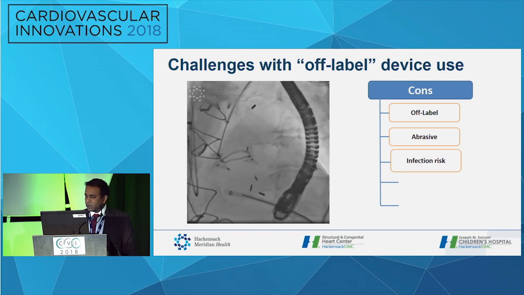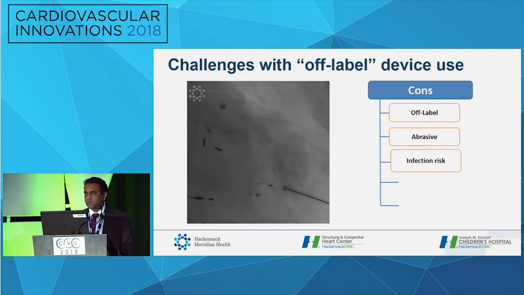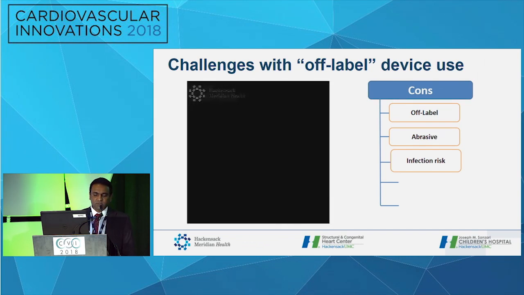Any foreign body carries an increased risk of infection, and these devices are no exception. They're also prone to dislodge, depending on how you size them and the tissue characteristics, or even if there is an infection in the future. And they don't conform. It's almost like putting a square peg in a round hole.